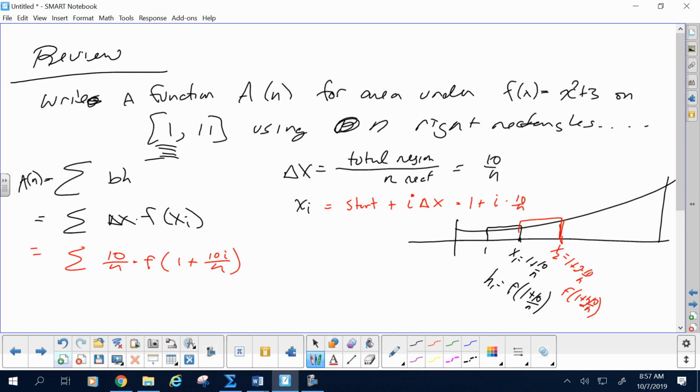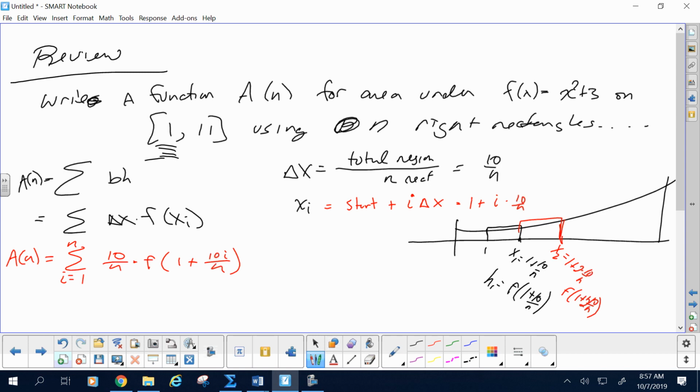And this tells you the first i you use. Because I'm using right-hand rectangles, my first value of i would be 1. I start by going 1 delta x over, and my last is however many rectangles I'm using, so in this case, generally n. You follow? Do you remember all that?